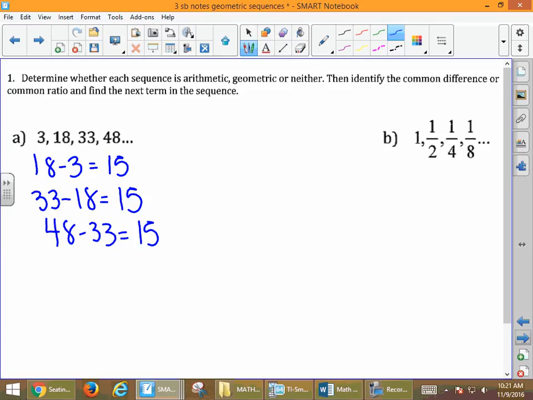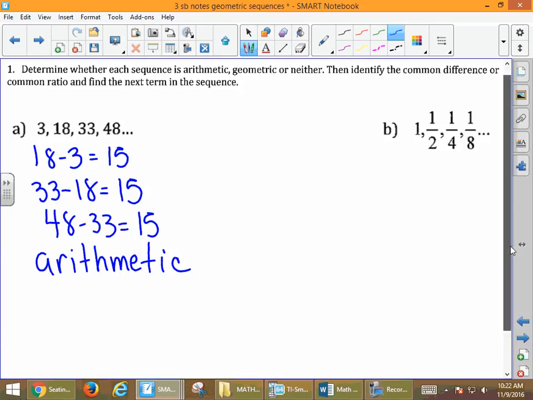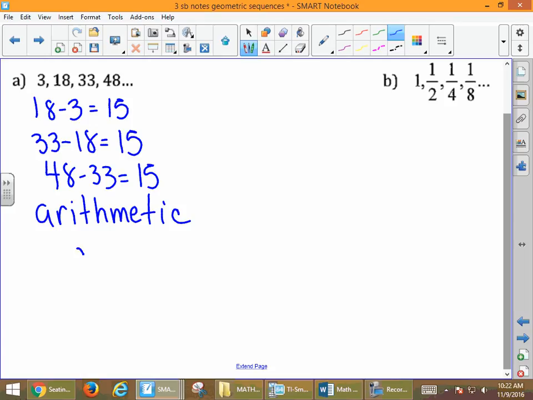And because they do, these values, notice I did the second term minus the first, the third term minus the second, the fourth term minus the third. That means that this is an arithmetic sequence with a common difference of 15.